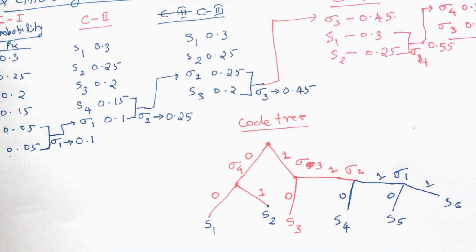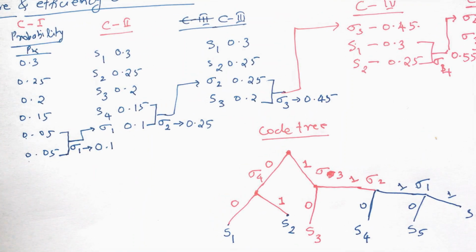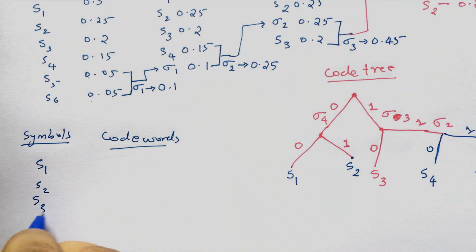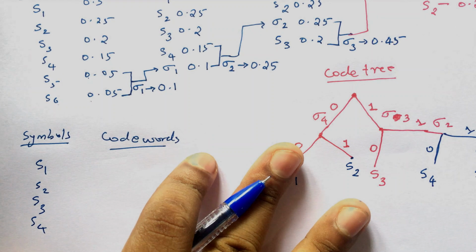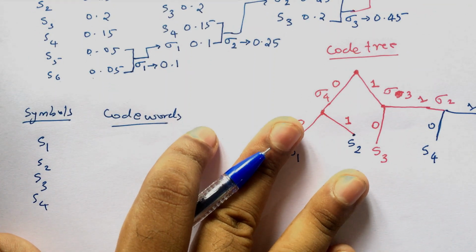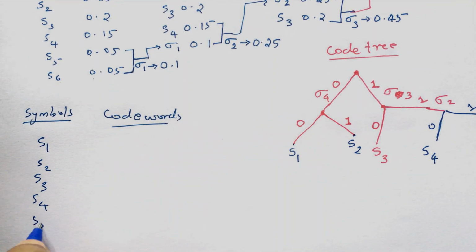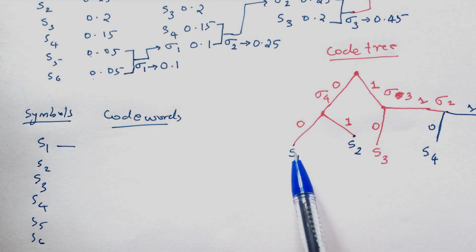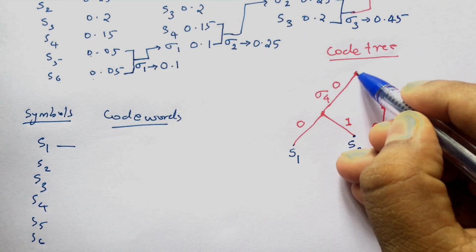Now we can write the source symbols: S1, S2, S3, S4, S5 and S6. Now we can write the code for S1. Just look at the tree. Here it is S1, so read from the starting node.